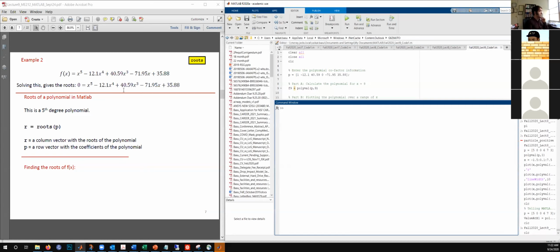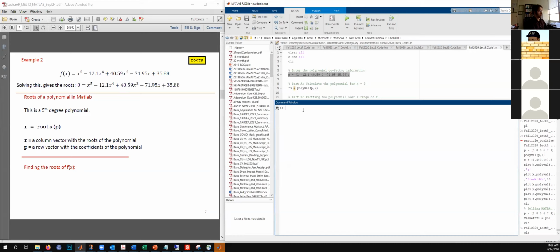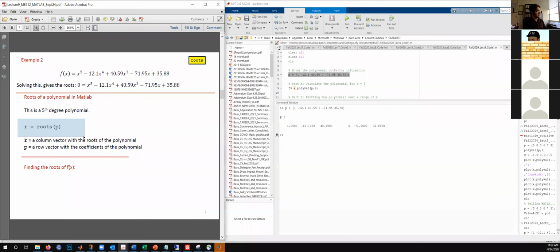Okay, so let's keep on working with the same polynomial. To find the roots of a polynomial, the first thing you are going to do is tell MATLAB what the polynomial is, and we are working with the same polynomial. So this is the polynomial. Now, the syntax for the roots command is just this.